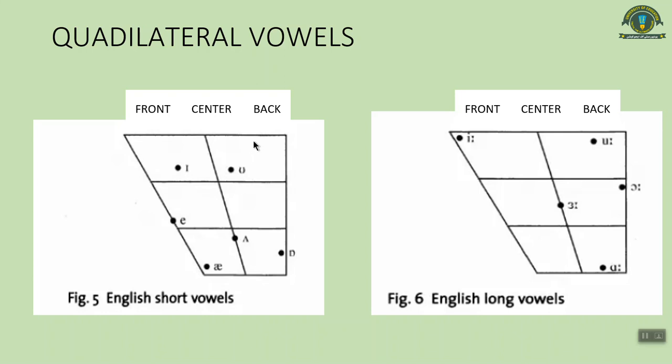It's more in the back area, and it's near the area of center, but actually it falls in the back area. We categorize it in the back part because at least the back of the tongue is raised. So we are naming them front or back because the front or back part of the tongue is actually raised. So these are the front vowels, these here are the back vowels.